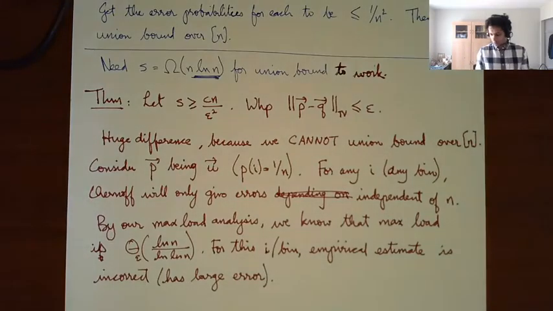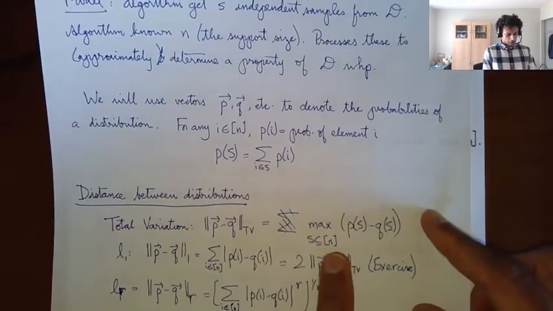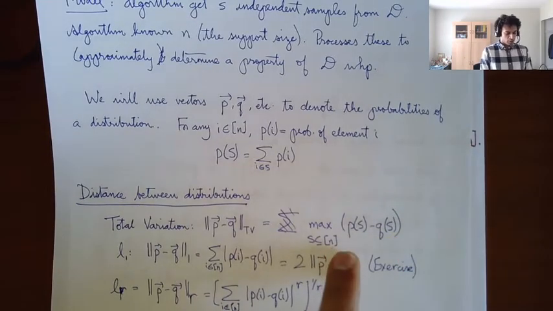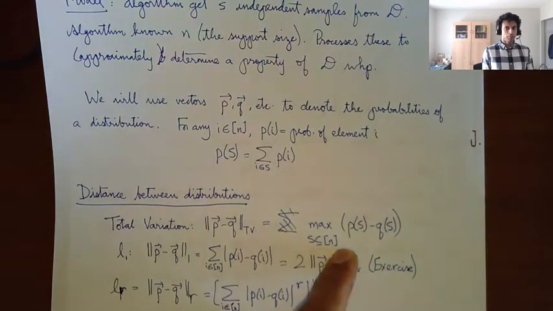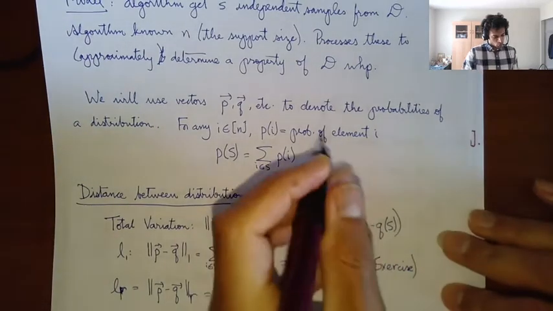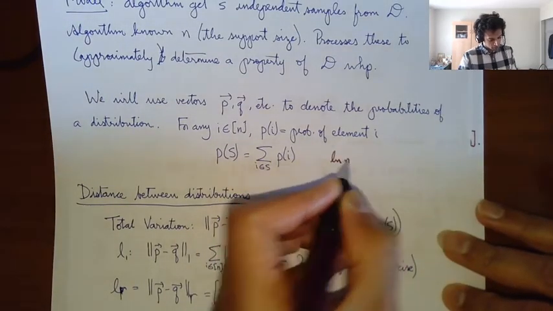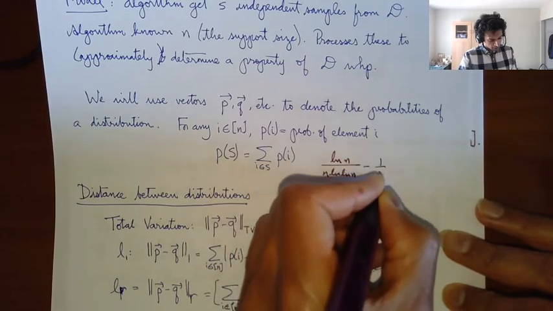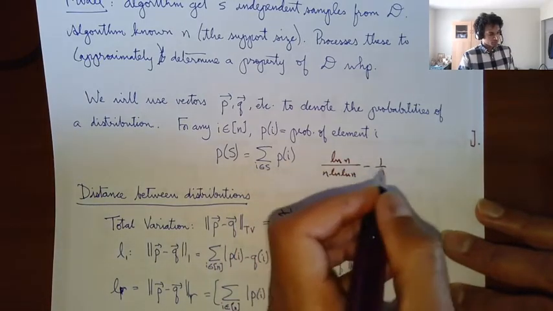No, you mean because the total variation is written as this? Yeah, but for that maximum bin, what is the difference? It's log n over n log log n minus 1 over n. But that's still really small.